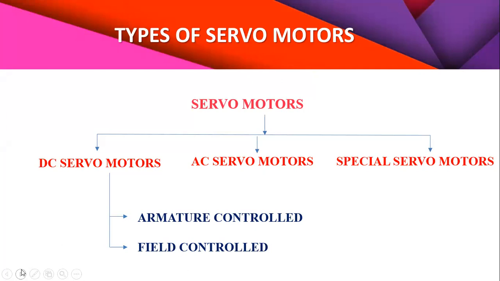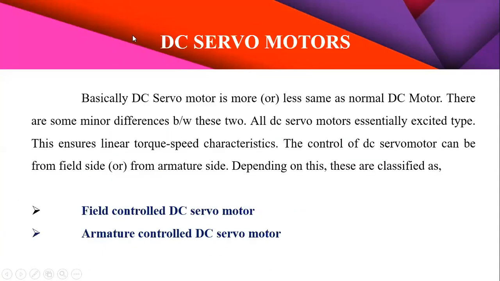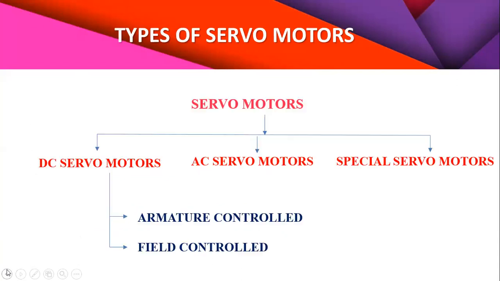Now let me see the different types of DC servo motor. Based on the controlling process, the DC servo motor is classified into two types: armature control and field control. So here, where is the armature winding provided in the DC motor, stator or rotor?